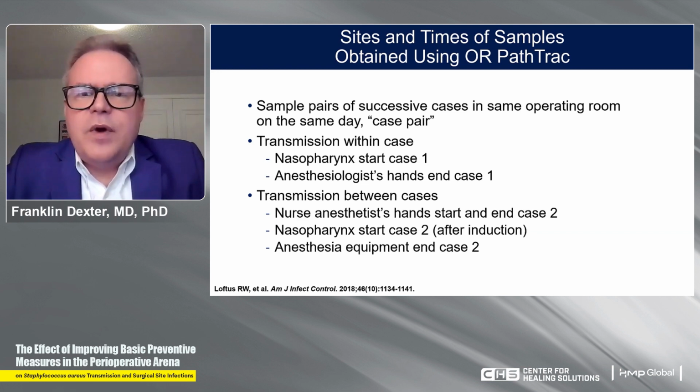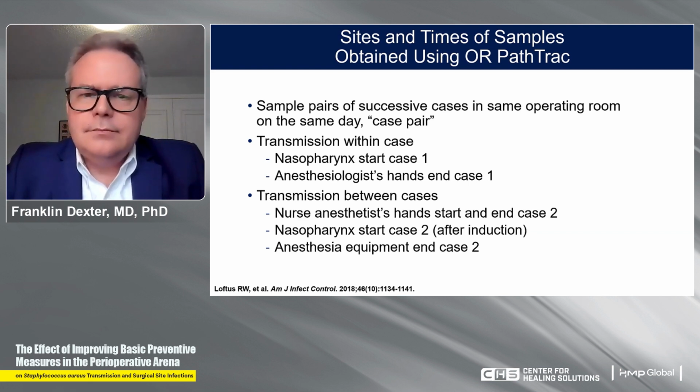That's an example of within case transmission. Then the nurse anesthetist had the same genotype at the start of the second case. That's between case transmission from their hands to the patient after anesthesia induction. So directly or indirectly, this also contaminated the anesthesia equipment. So we have here transmission that's within case during the first case, within case during the second case, and between case.